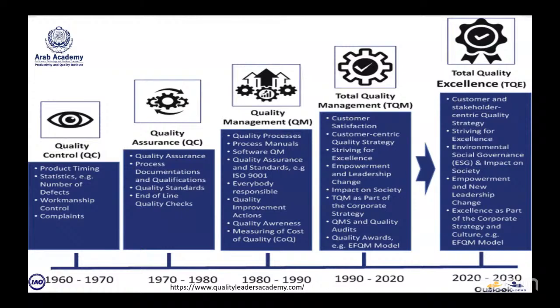Coming to the fifth and final column, from 2020, in a way we are in this particular era of total quality excellence. Here, a customer and stakeholder centric quality strategy is there. Not just customers, but all stakeholders are central to this quality.